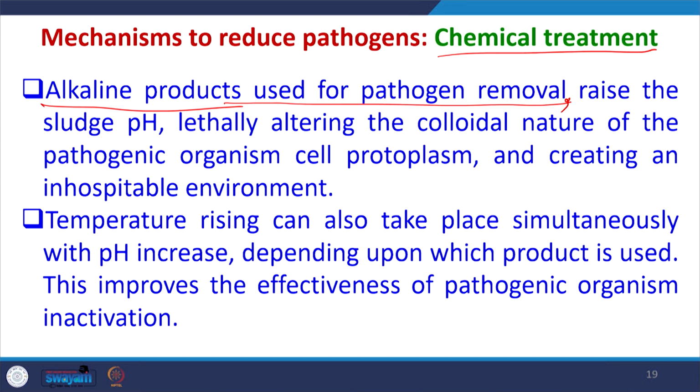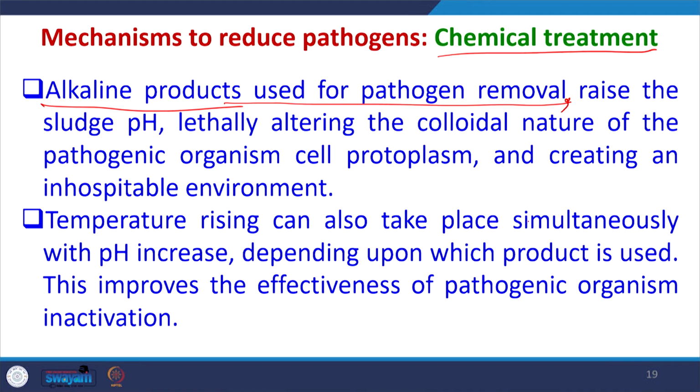Once pH is changed within the sludge bed, the pathogenic cell protoplasm changes, an inhospitable environment is created and they become inactivated. Temperature rise can also take place simultaneously with the pH increase, depending upon which product is used. This improves the effectiveness of pathogenic organism inactivation.